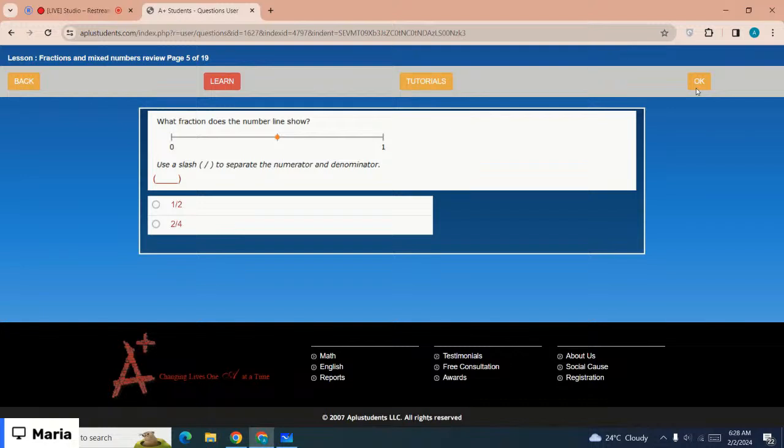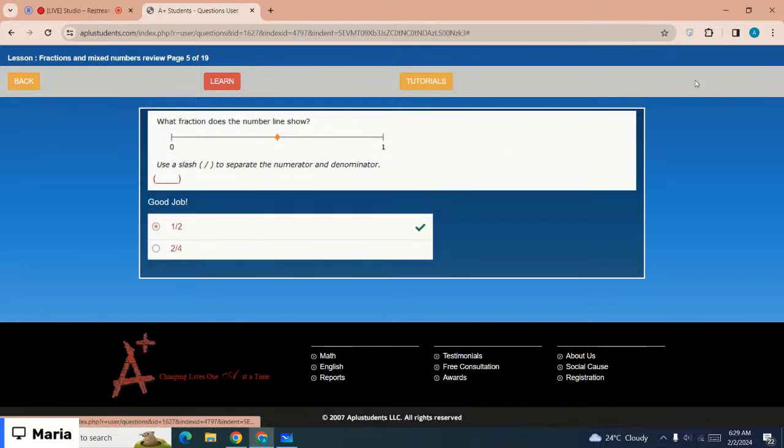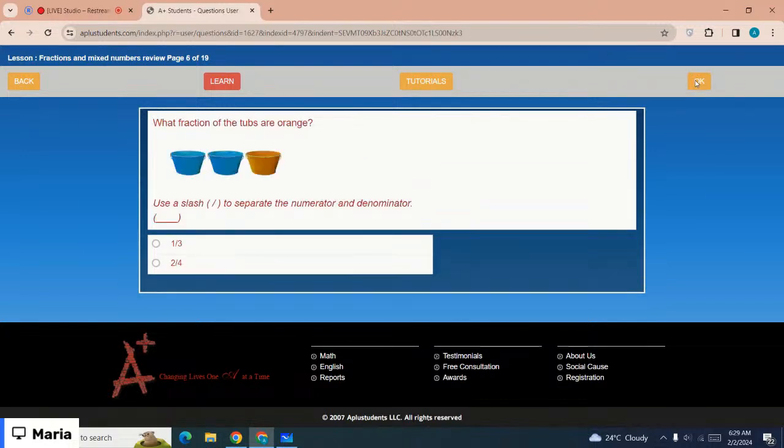Half is right because you have just two segments, and that is 1 over 2. The next one is: what fraction of the tubs are orange? Which is the correct option?